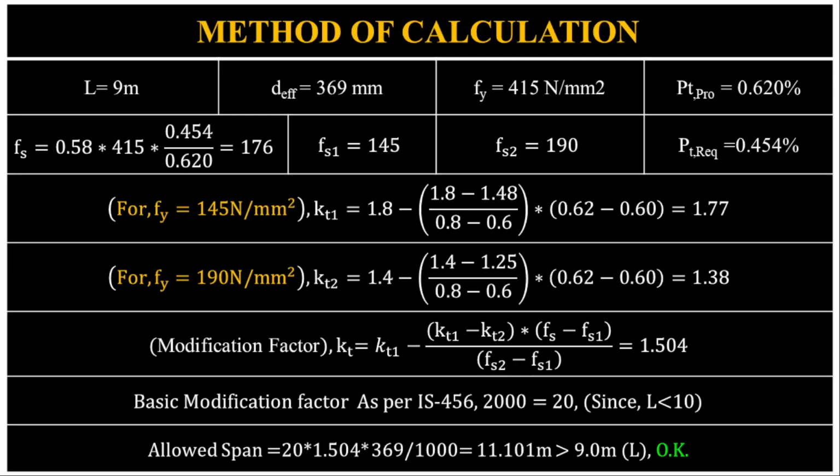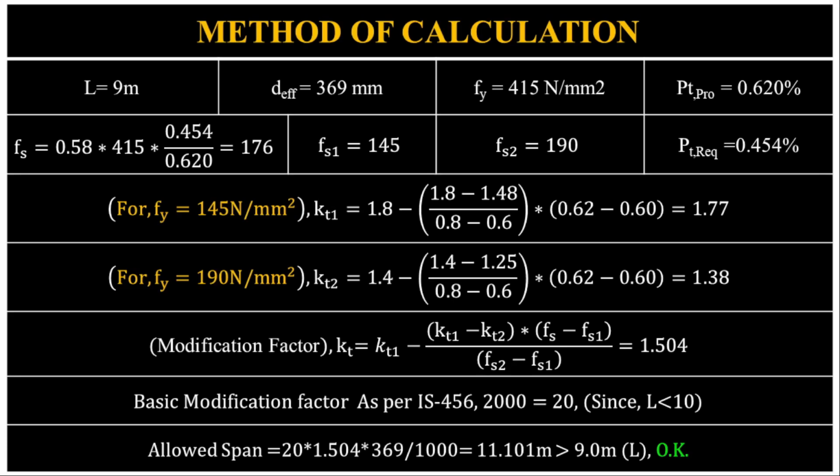Similarly, for Fs2 equals to 190 Newton per square millimeter, the interpolated Kt2 value is calculated as 1.4 minus the product of 1.4 minus 1.25, divided by 0.8 minus 0.6, and multiplied by 0.62 minus 0.60, resulting in 1.38.